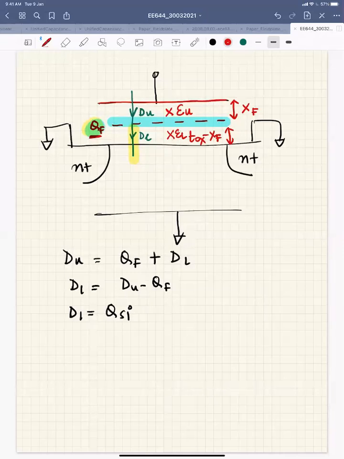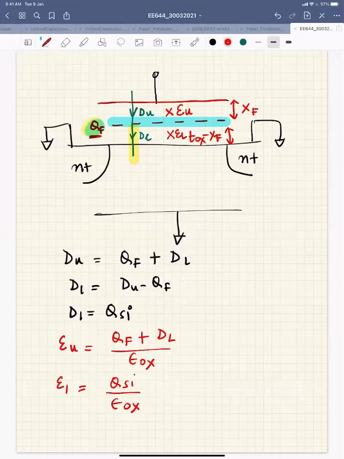So EU is (QF plus dL) divided by epsilon ox, and EL is nothing but your Q silicon divided by epsilon ox, right? So this is the electric field.